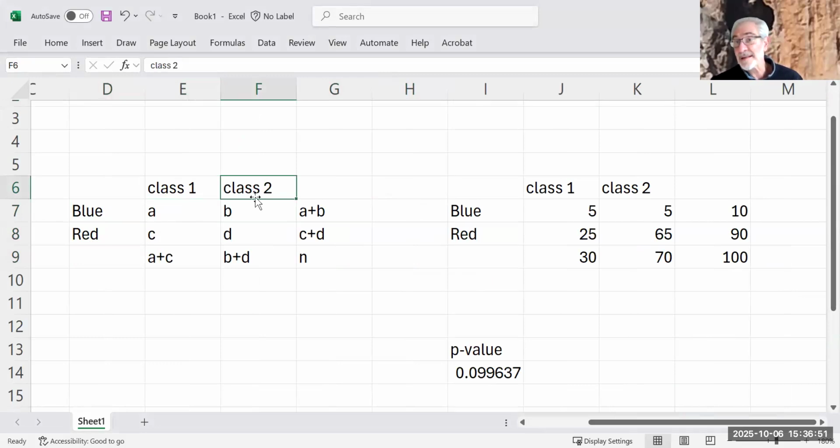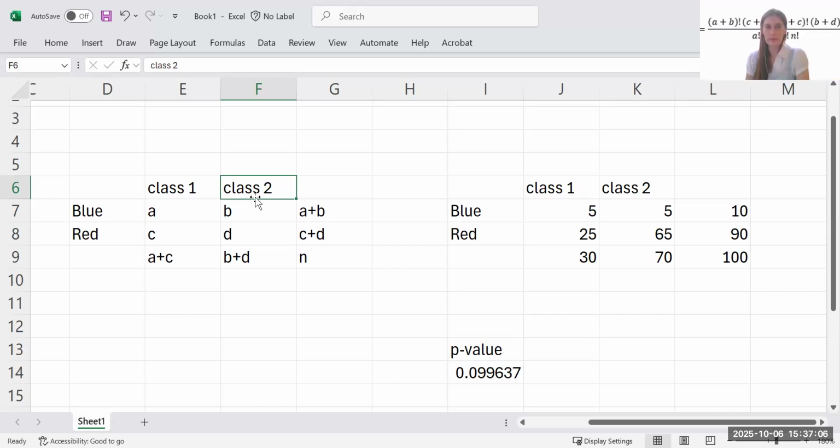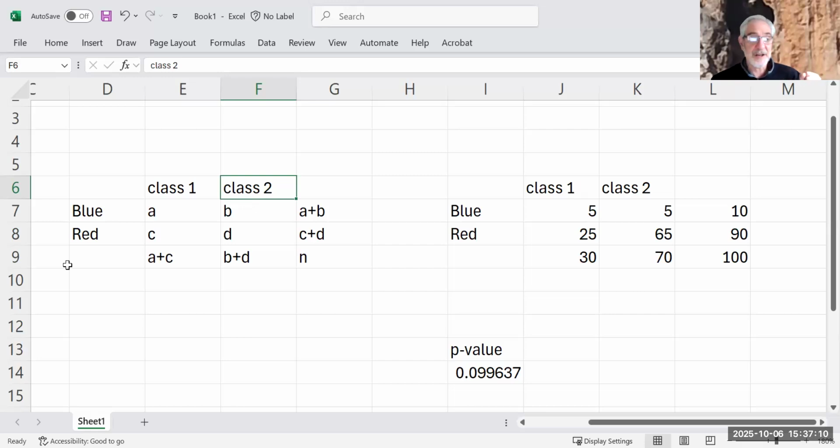It's a test for independence: whether our odds of being in class 1 change given that we're blue or red. If the probability of being in class 1 changes given that I'm in red, then those two events would be dependent.